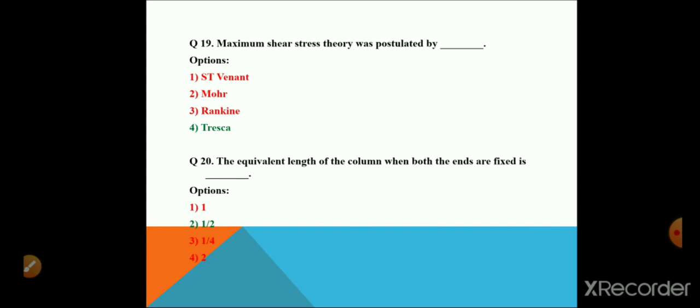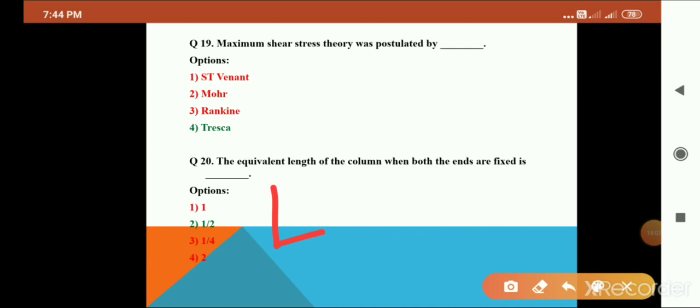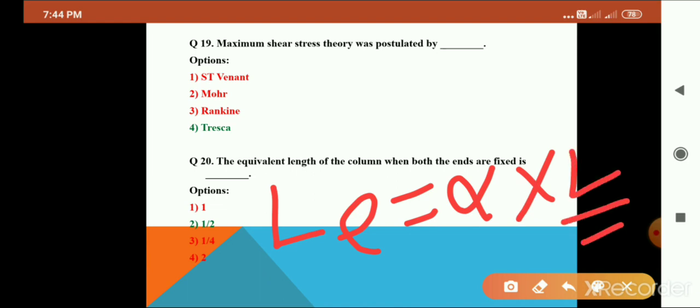Then come to question number 20. The equivalent length of the column when both ends are fixed. First of all, you have to know the expression for a column. Equivalent length LE is alpha into L, where L is the length and LE is the equivalent length. Here we have to find alpha for both ends fixed.